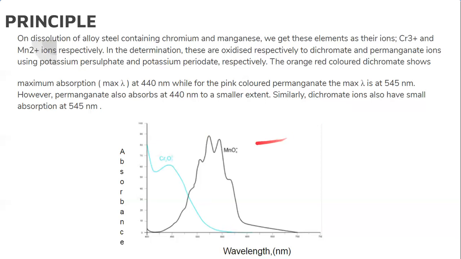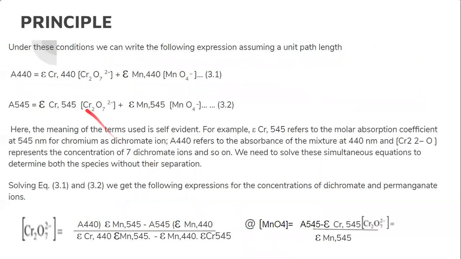So each ion may show absorption at both 440 and 545. At 440, both chromium Cr plus 6 and Mn plus 7 will show absorption, and at 545 nanometers, chromium and manganese both will show absorbance. So by using these values, we can identify the absorbance.